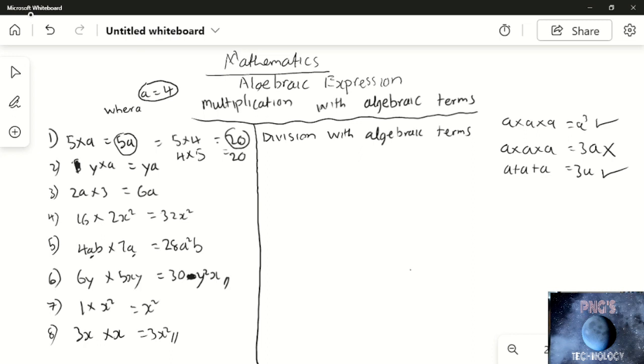Alright, so let's move into the divisional aspects of this. For the divisional aspects, please pay very good attention because this aspect might be a bit hard to understand. So let's take example 1.